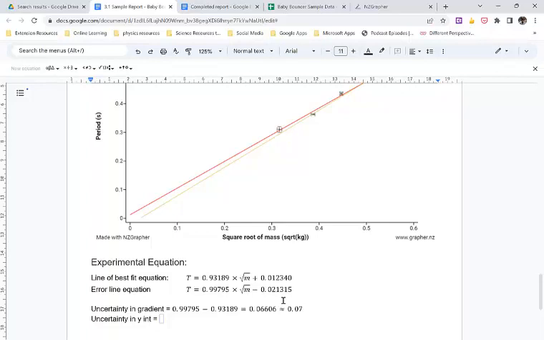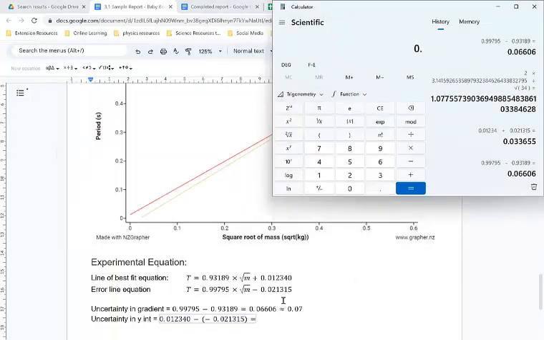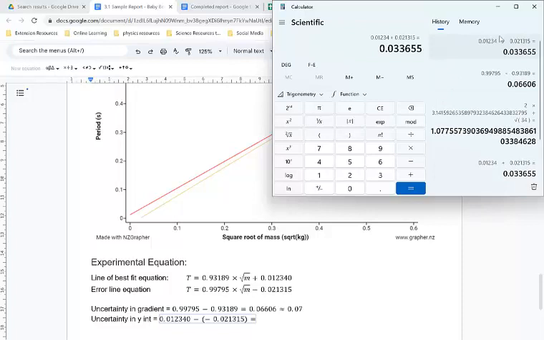Okay, so I'm just going to take the bigger one, 0.012340, and I'm going to subtract the smaller one, which is negative 0.021315 is equal to, okay, let's do that, 0.012340, and instead of minus negative, I'm just going to take a shortcut and go plus 0.021315, 0.033655.